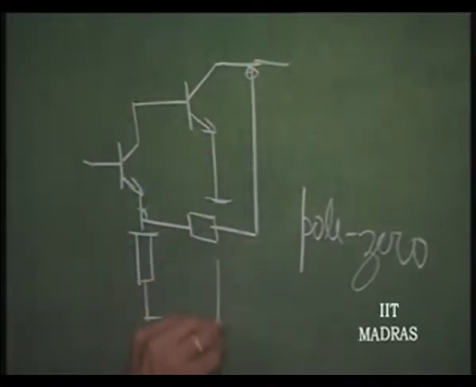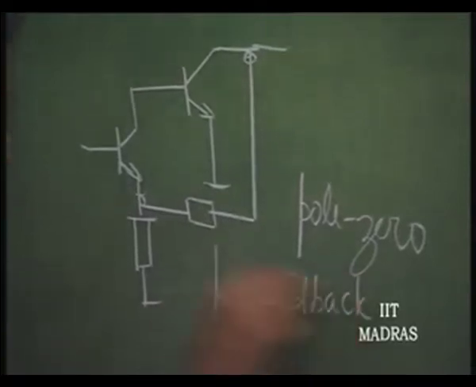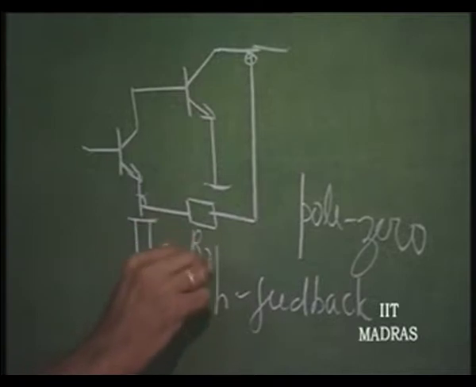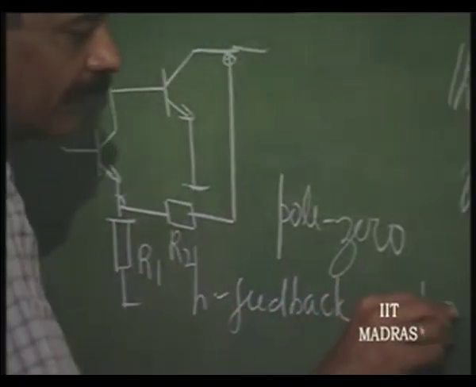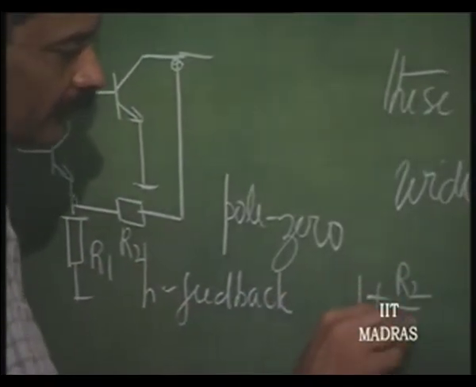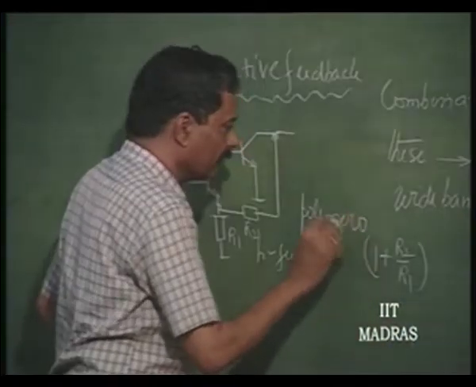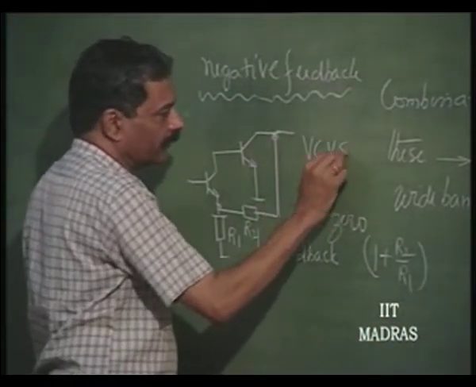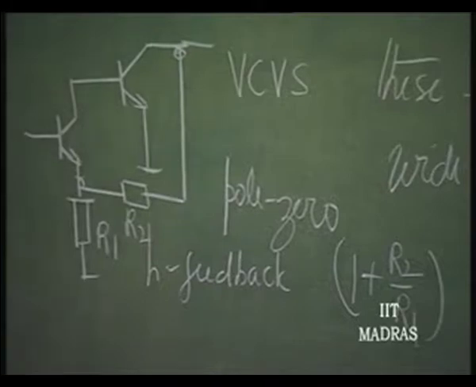If it is H feedback, it results in a wideband amplifier with gain equal to 1 plus R2 over R1, a voltage controlled voltage source, wideband.